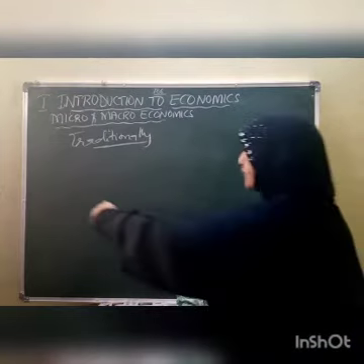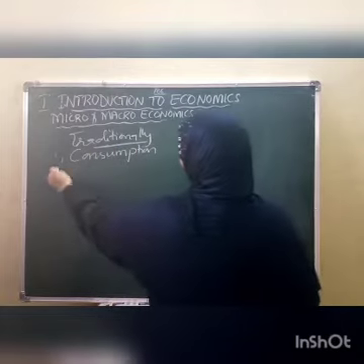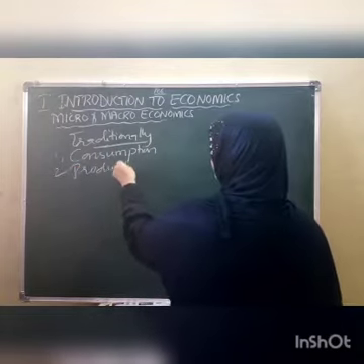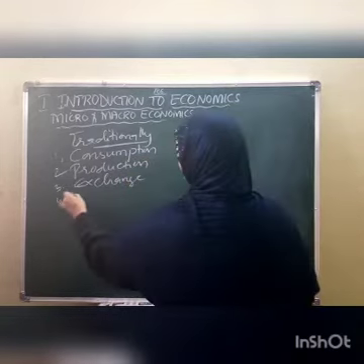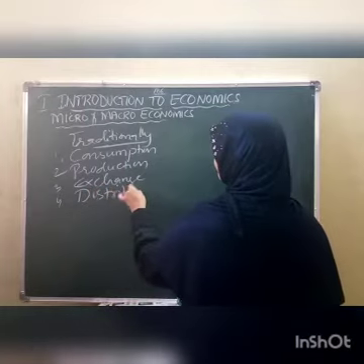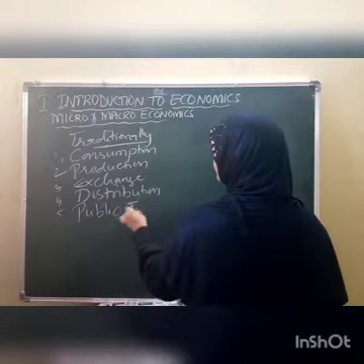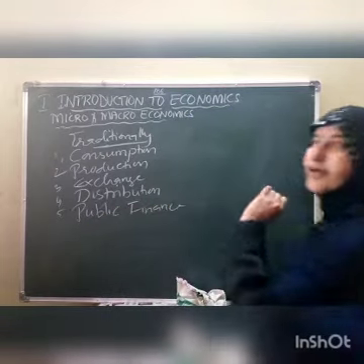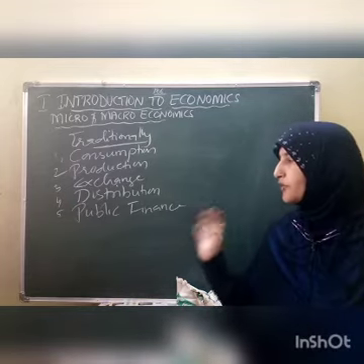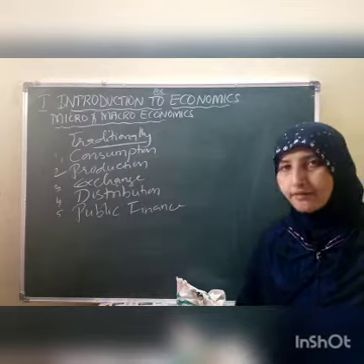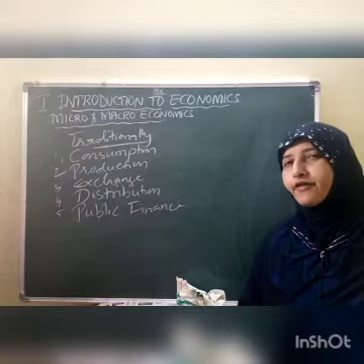That is consumption, production, exchange, distribution and public finance. Traditionally, the matter of economics was divided into 5 different parts: consumption, production, exchange, distribution and public finance.